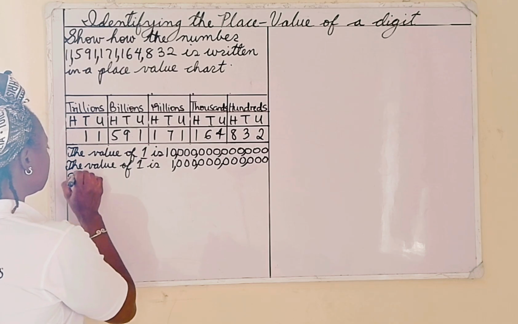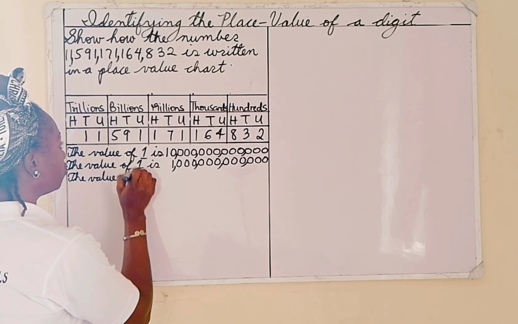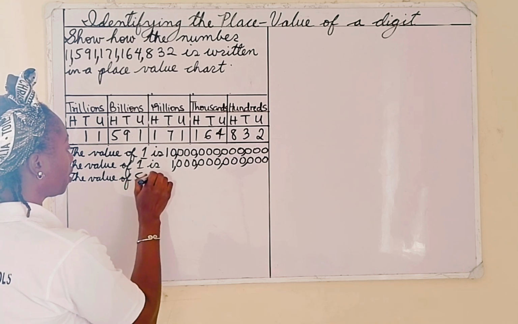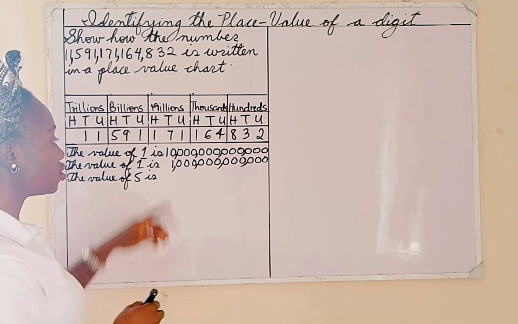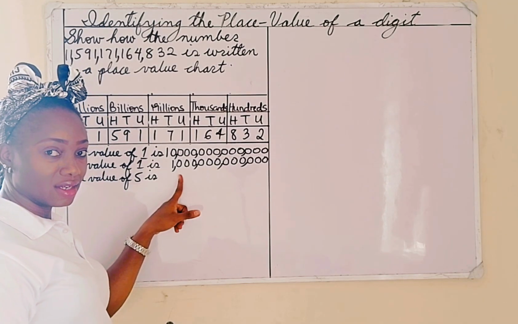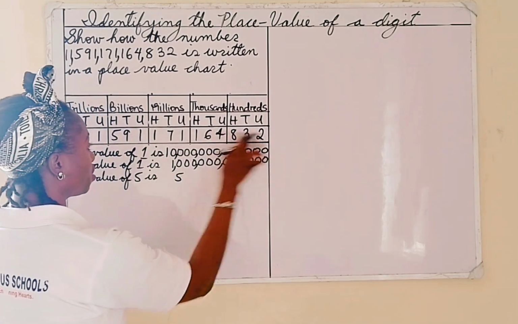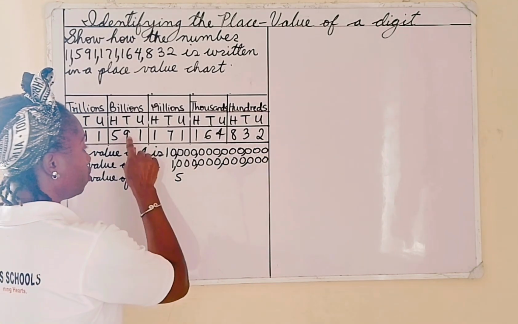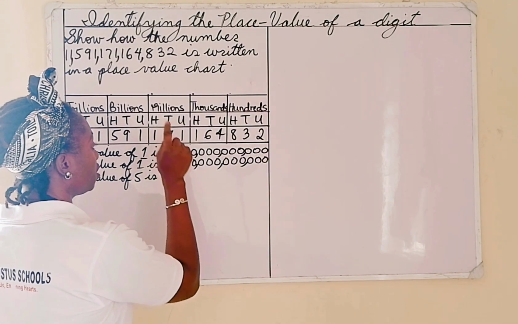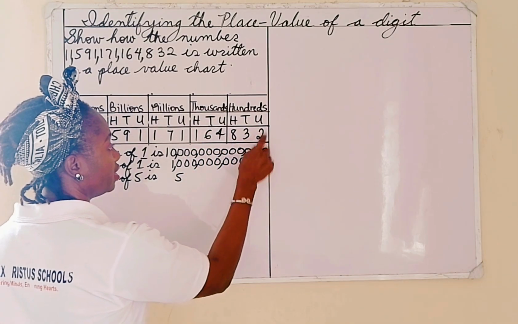Now moving on to the billions part. The value of 5 is, I'm going to skip this place here and move to the next digits. Write our 5 under it, and then the rest becomes 0. How many zeros do we have? 1, 2, 3, 4, 5, 6, 7, 8, 9, 10, 11.